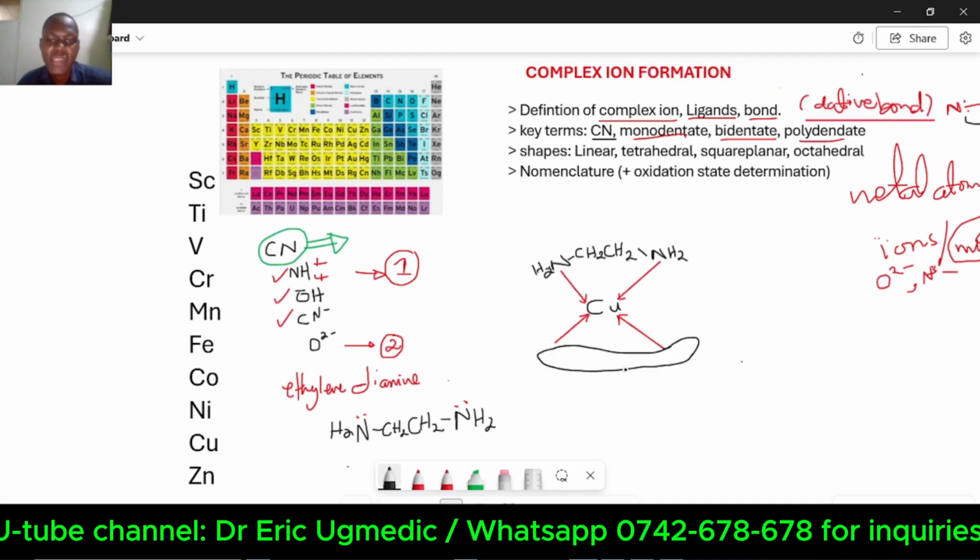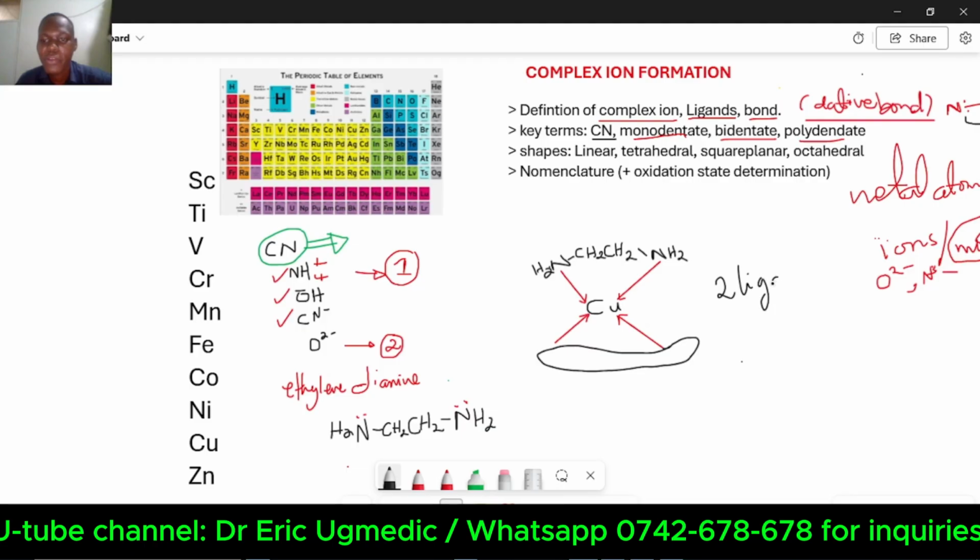So in this case, this can be a very good example to explain the difference between the coordination number and the number of ligands. If I look at this, how many ligands do I have? I have this one and that one, which I have not written here, but there will be two ligands. You get?